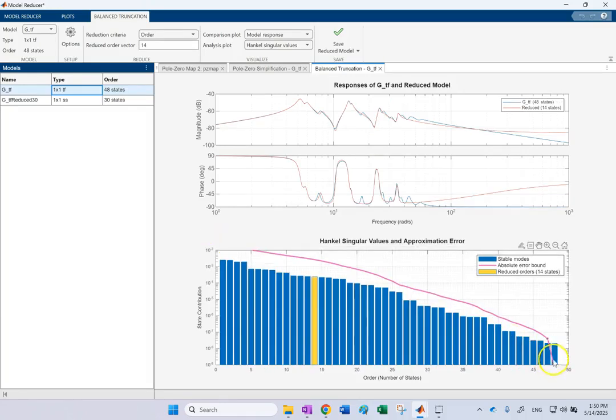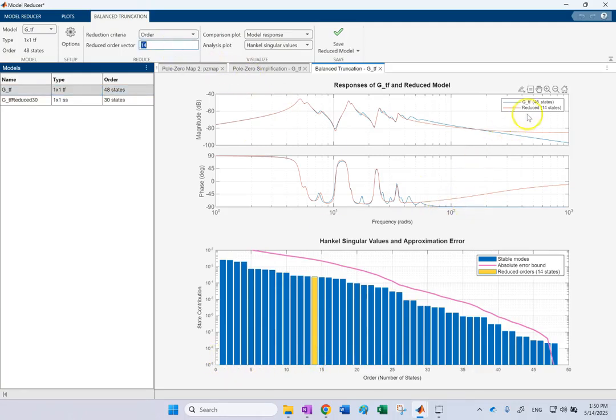There we go. So for all of these states, for each one of them, it is showing a state contribution or a Hankel singular value. And right now, for instance, it is suggesting me that I keep only these first 14 states and go down to order 14.